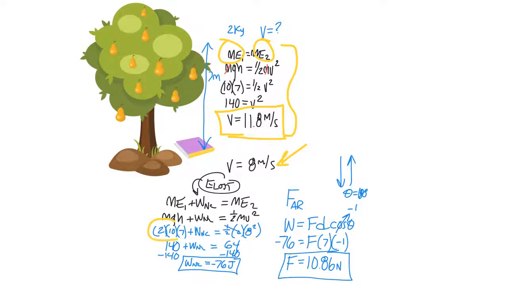So we took our energy at the beginning and our energy at the end, and we could find out how many joules were lost. Those joules came from the work done by air resistance, which was Fd cosine of the angle, and we found that the force of air resistance in this case was 10.86 newtons.